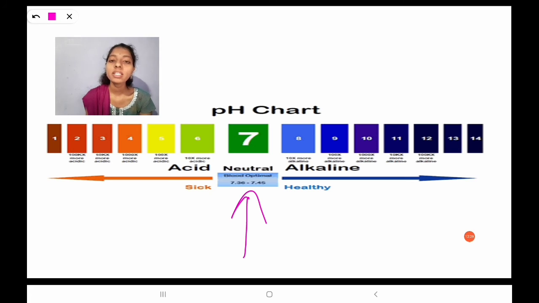The substance we take, whether acid or base, is alkaline if basic. So by using this scale we can easily identify them, right? Below 7 indicates acid and above 7 indicates base.